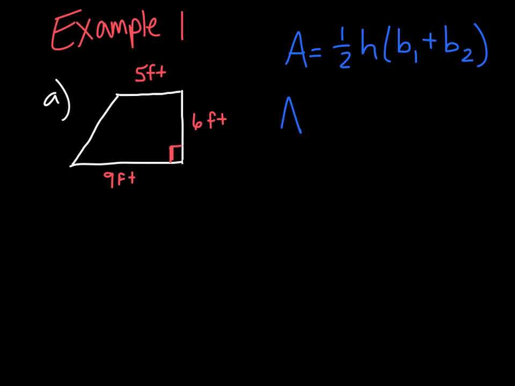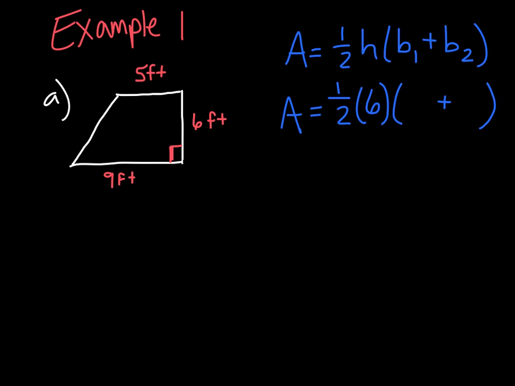The second one is we plug in information. So we don't do anything with 1/2, that stays as is. What is our height? I just showed you. If this line indicates that that's our 90-degree angle, that means 6 happens to be our height. Then we have base 1 plus base 2. It doesn't matter which way you put these, because when we add things, we can just add them together either way.